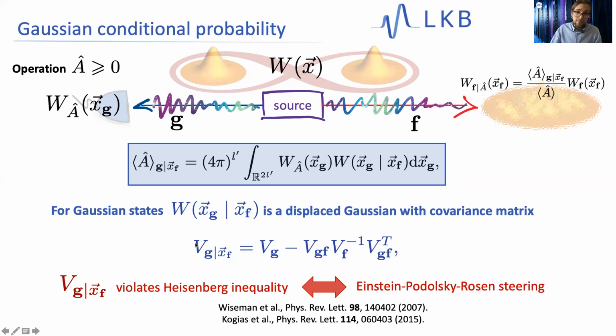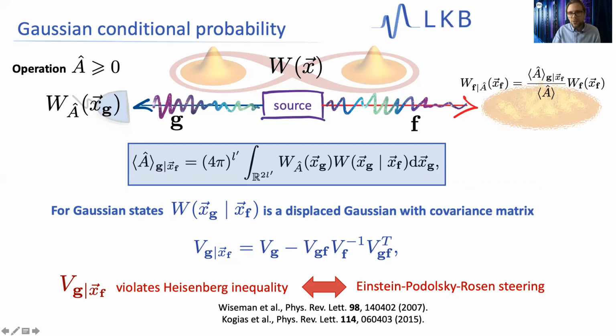So when this is the case, so when we have a violation of Heisenberg uncertainty relation in the Schur complement, you can actually show that there will be steering from the modes F to the modes G by Gaussian measurements. So I can do Gaussian measurements on the side F to steer Gaussian measurements on the side G.